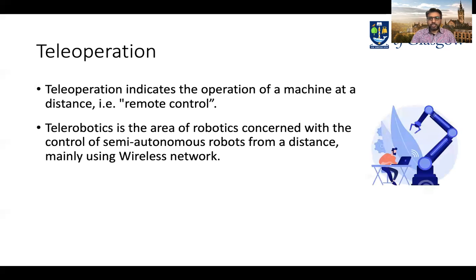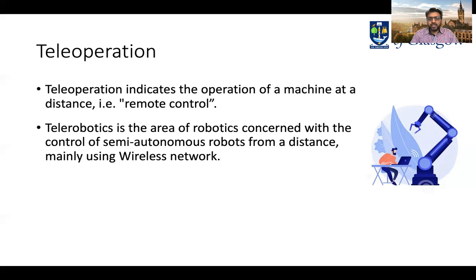The second terminology that we need to understand and learn is telerobotics. This is one area of robotics in which the robots are controlled. They are normally either fully manual or semi-autonomous robots, which are controlled from a distance.